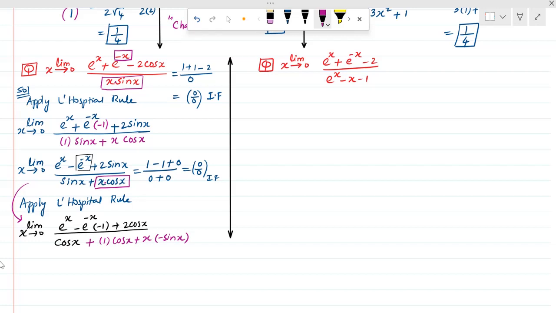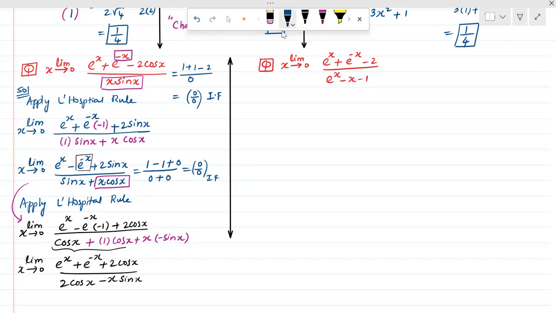So now I rewrite this step first. So x approaches 0. Here e to the power x plus e to the power minus x plus 2 cosine x over cosine and cosine, so it becomes 2 cosine. You will have 2 cosine x minus x sine x. Now apply the limit.